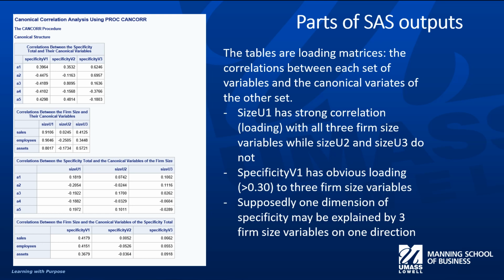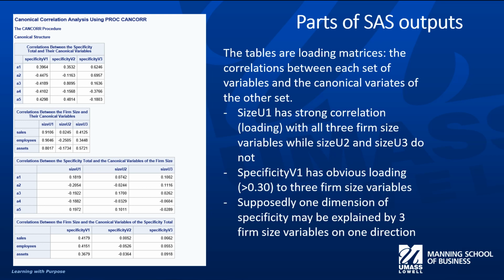This table gives us ideas on the correlations between the specificity variates and their own group of data set, and also the firm size variates, size U1, size U2, and size U3, in relation to their own 3 variables in the same group of set.